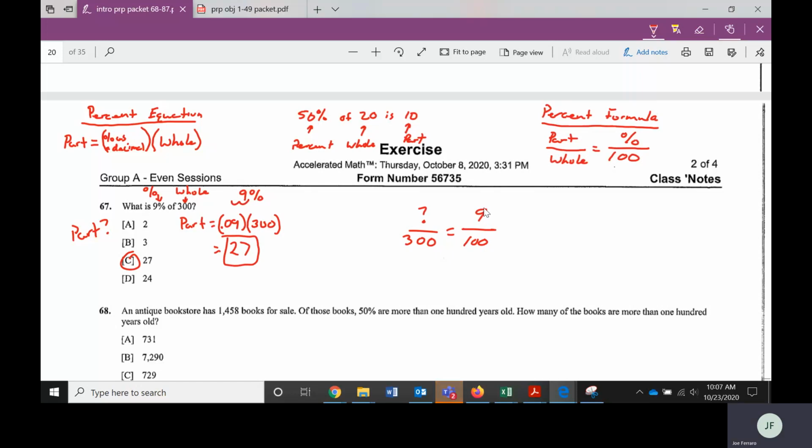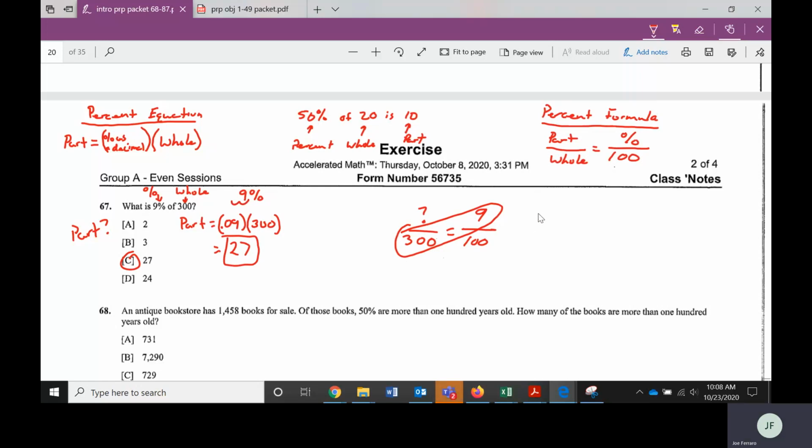So the way you solve this should sound familiar, but maybe you need some reminding. It's called cross multiply and divide. So you take the diagonal that has 2 numbers. This diagonal has a 300 and a 9. This has a question mark and 100. So you take the diagonal with 2 numbers and multiply those.